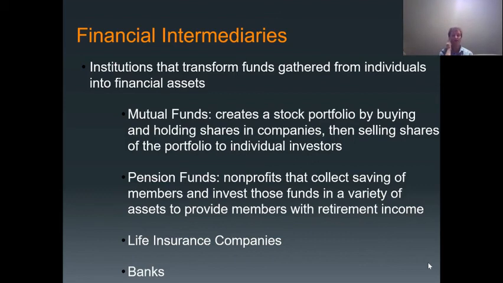It's a way of people collectively coming together, investing those funds in a variety of assets, and that is specifically to provide retirement income. So pension funds have to only invest in very, very safe things.